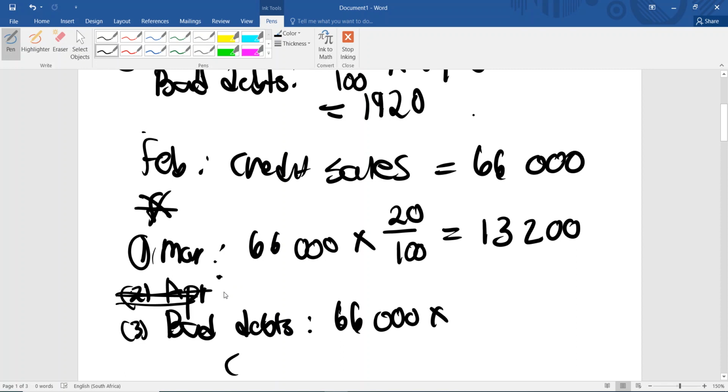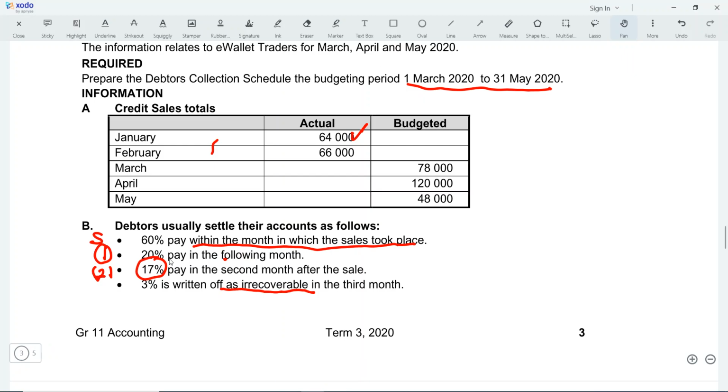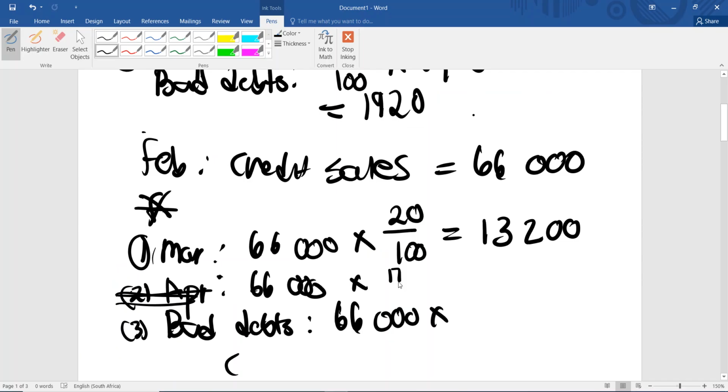So we're going to say 66,000 multiplied by, let's check the percentage. They said 17 over 100, so we multiply by 17 over 100, and it's going to tell us how much will be obtained, because remember we are ending in May.